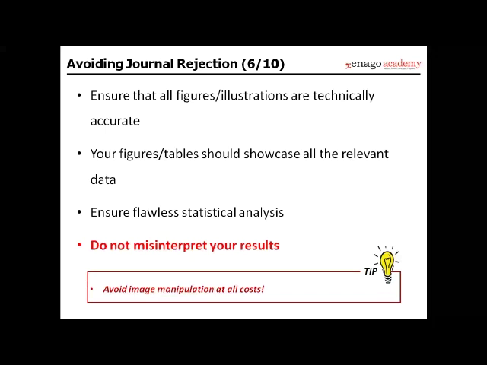If you don't do that, the reviewers are really smart people. They can immediately see what you're trying to say and what the reality is, and that will increase the chances of rejection. So make sure you do not misinterpret your results. And of course, you should never do any image manipulation or data fabrication, data falsification. All those things are to be avoided at all costs.